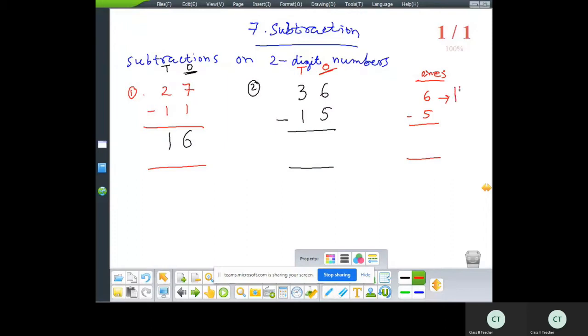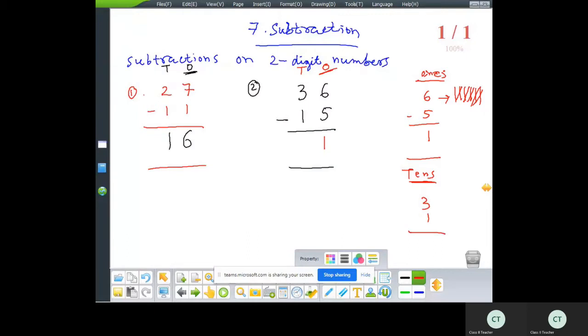Draw 6 lines, 1, 2, 3, 4, 5, 6. Now we remove 5. After removing 5 lines from 6, there is only 1. 6 minus 5 is 1.